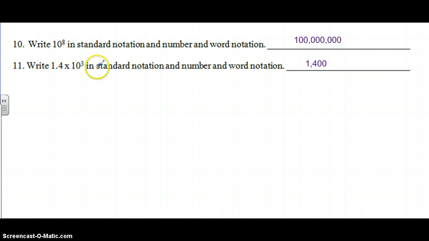For the final two problems here, we have 10 to the 8th power in standard notation and number word notation. In standard notation, I would write a 1 with 8 zeros. That's what 10 to the 8th power is. I move that decimal 8 times.